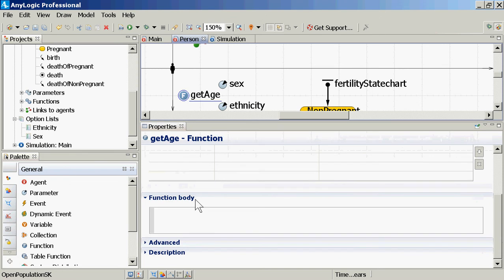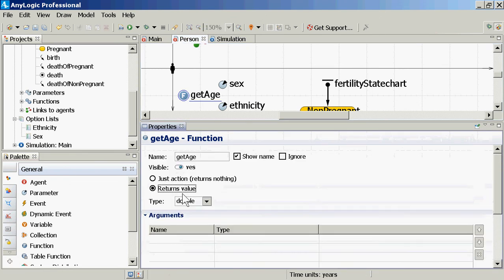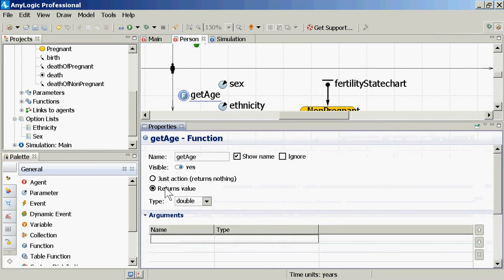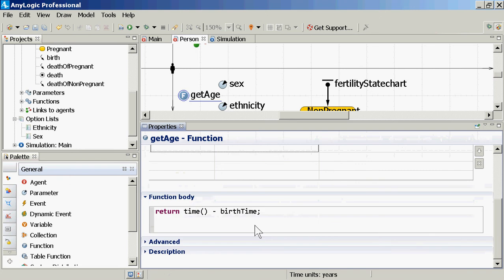It returns a value that's a double, and it returns the current time minus their birth time. So I added get age. That will give their age.